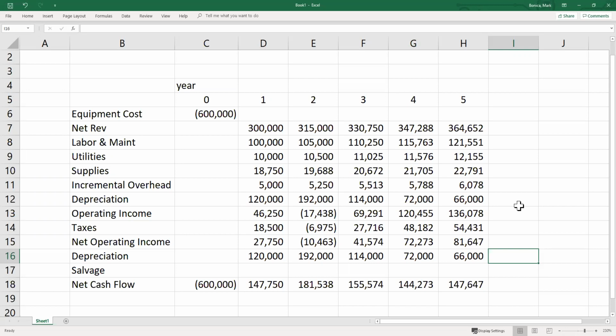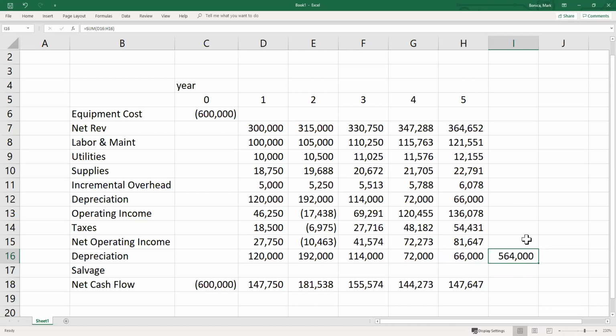So the first thing we have to do is calculate how much book value is left after we include the depreciation. So first I want to find out how much depreciation I've taken so far in this 5-year period. So I've taken $564,000 in depreciation.